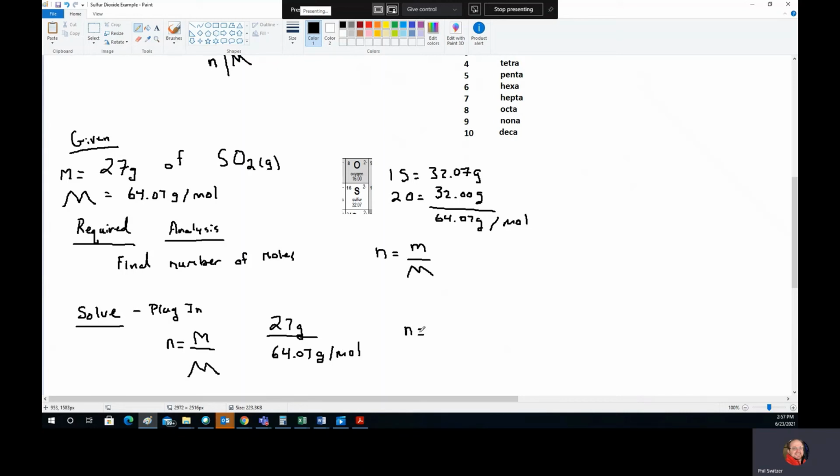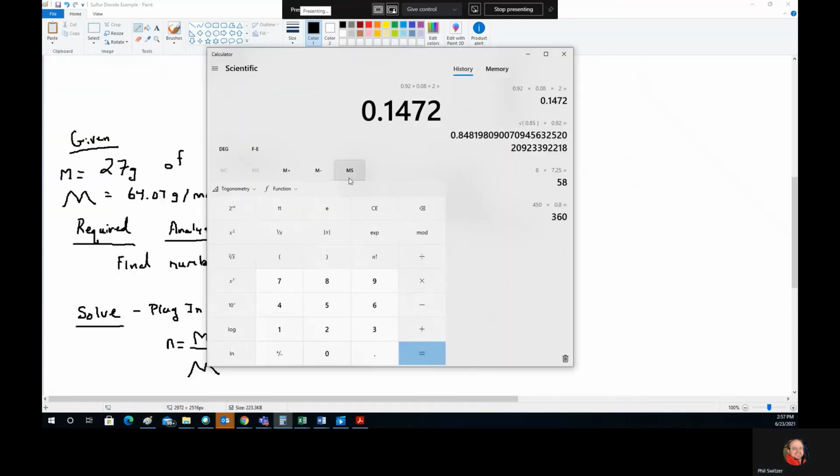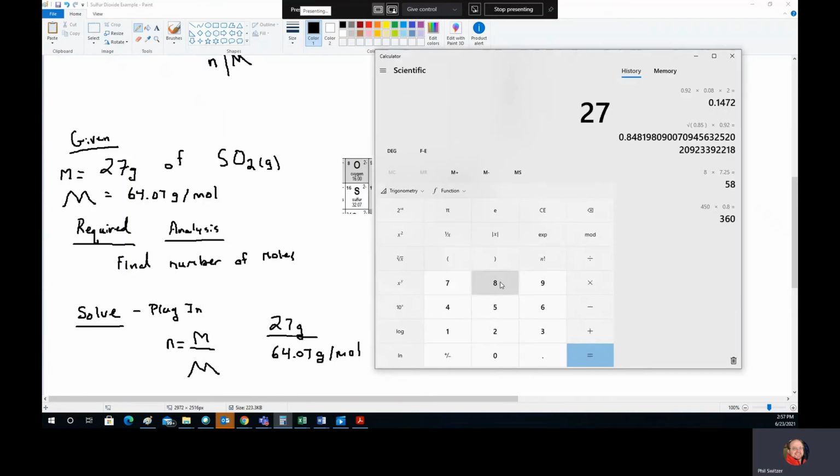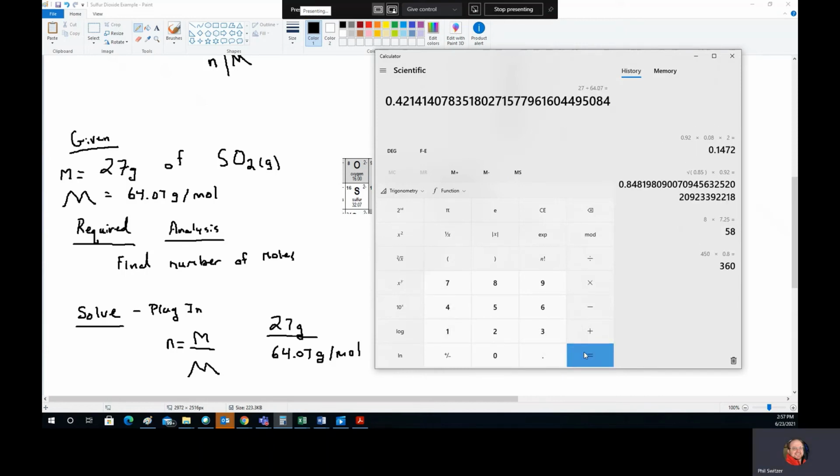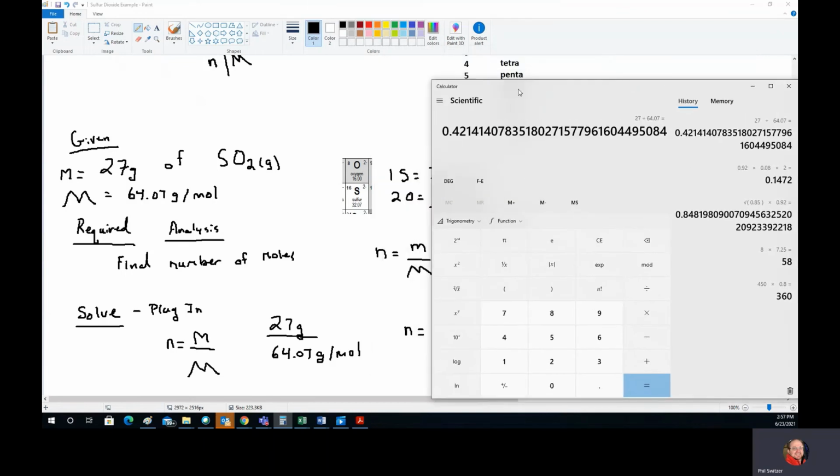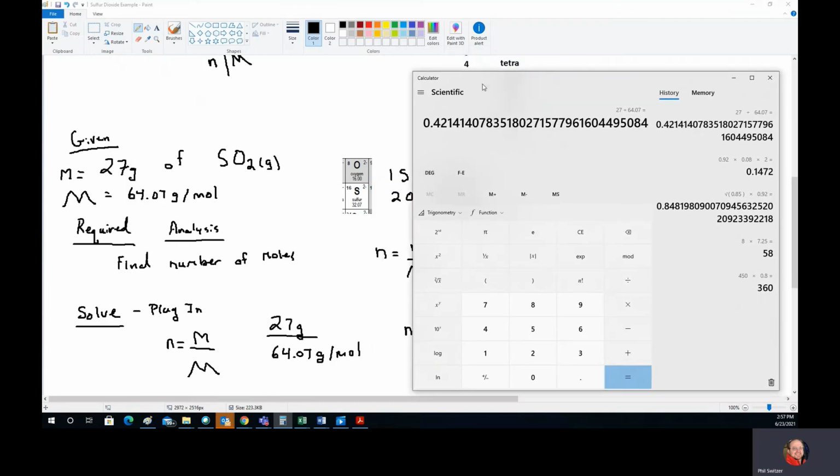Now let's use a calculator, so make sure you've got the calculator handy. I'll just pull this one up right on the screen for us. So we'll hit clear. Always hit clear a few times, turn it off and on. 27 divided by 64.07. Okay, now it gives us a lot. Now, from the original question, the least digits we have are 2 significant digits.